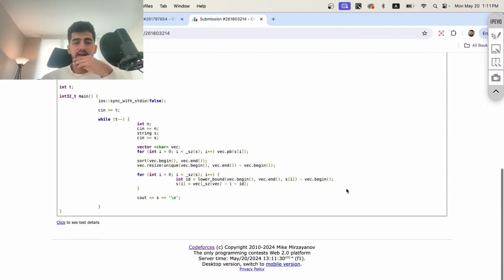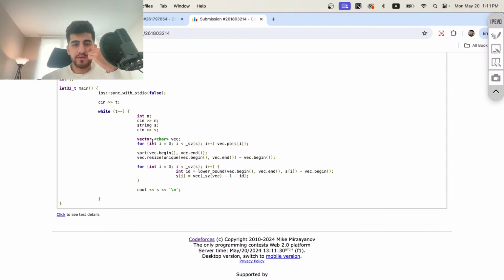So I see in a string S and I just push back all the characters in a vector, and then I sort the vector and I make it unique.